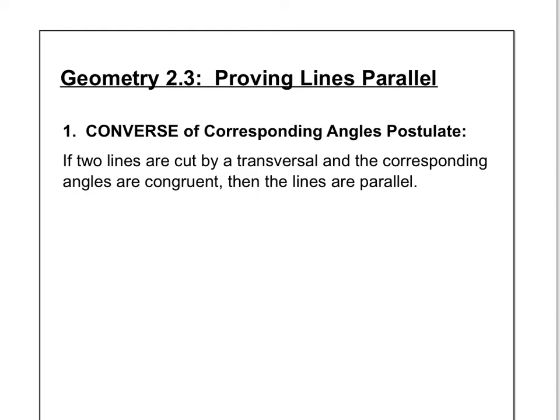So this first one says, if two lines are cut by a transversal. I'm going to go ahead and draw two lines, and they're going to look like they're parallel, and they're going to be cut by a transversal. I'm going to call the lines A and B. And then it says, if you have two lines cut by a transversal, the corresponding angles are congruent.